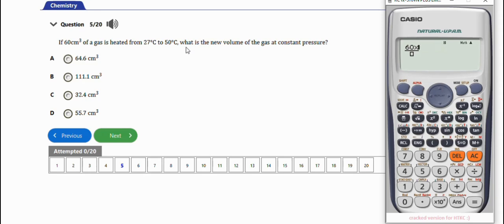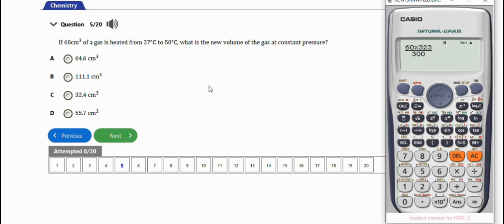So our T2 will be 50 degrees Celsius plus 273. So this will give you 323. When you add 50 to 273, you're going to have 323 over our T1, which is 27 degrees Celsius. Add this to 273. This will give you 300 Kelvin.